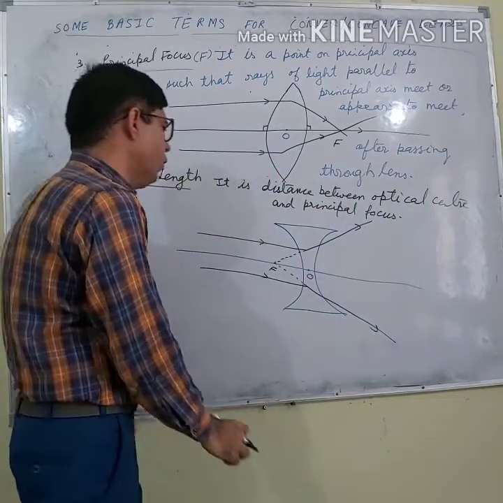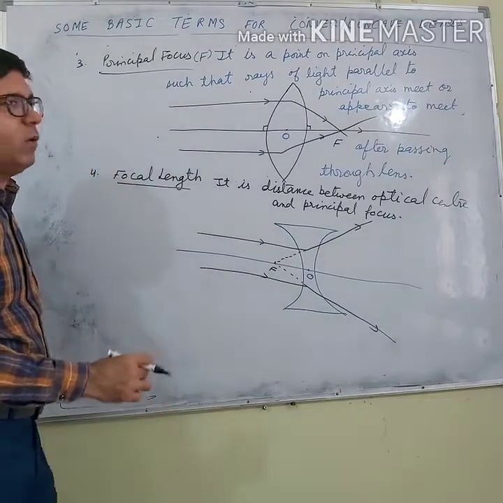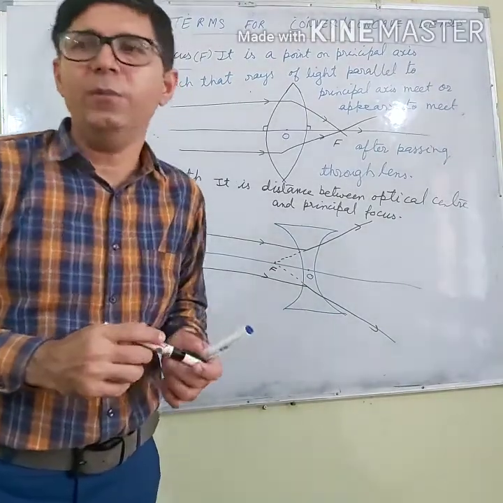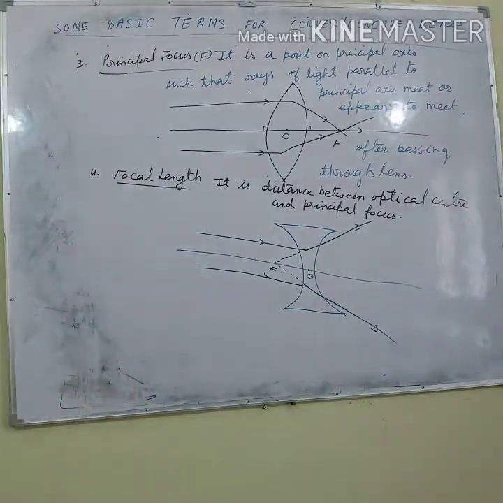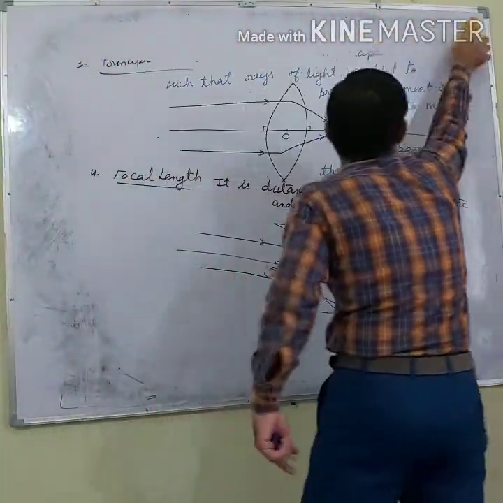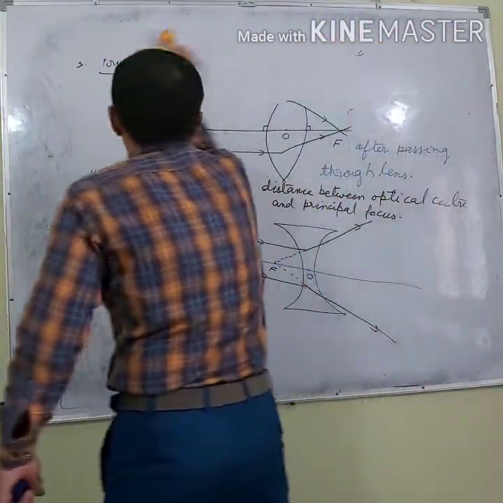The distance between optical center and principal focus is called the focal length. So these are the basic terms which are used in the lenses. Now let's move to image formation in convex lens.